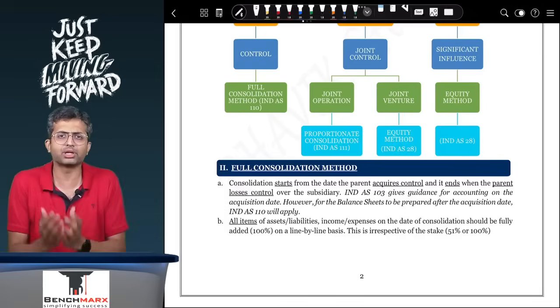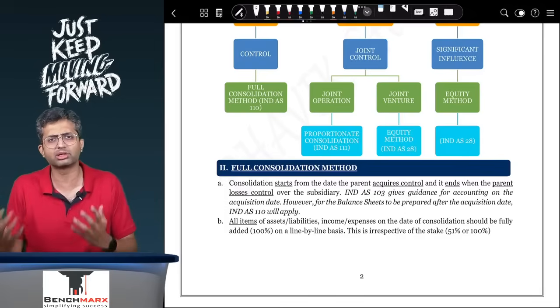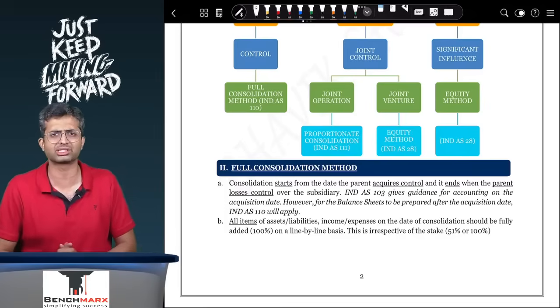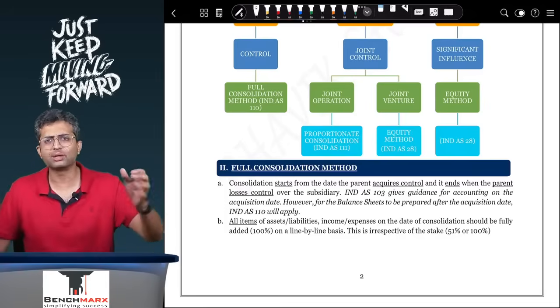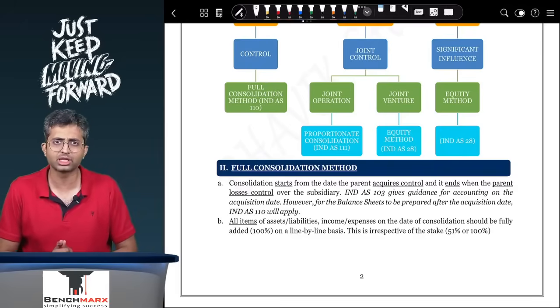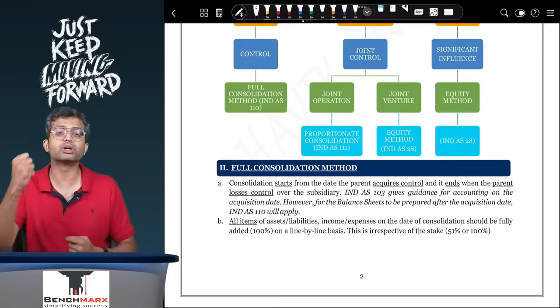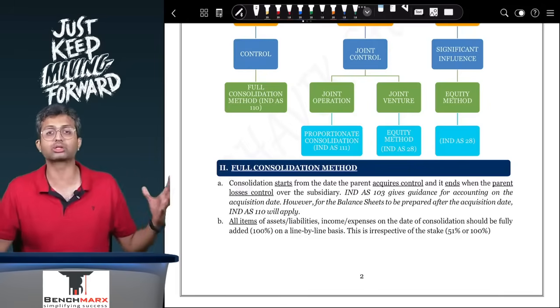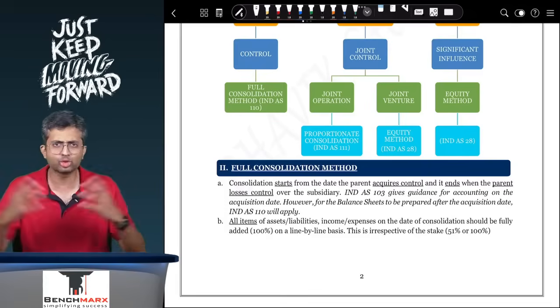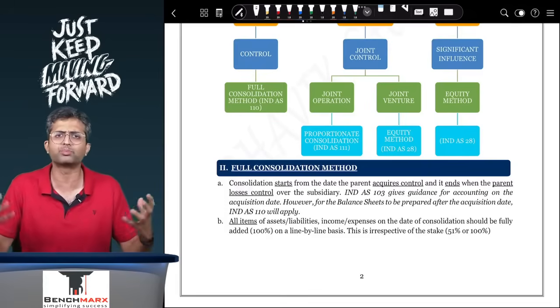So, for example, if I am Reliance Industries Limited and if I have a subsidiary Reliance Jio in which I have, let us say, a 70% stake, and Jio has a land parcel of 100 acres, Reliance Industries, by virtue of its 70% stake, can direct what is to be done with the 100 acres. Should you construct a head office? Should you sell that off? Should you construct a telecom tower network?